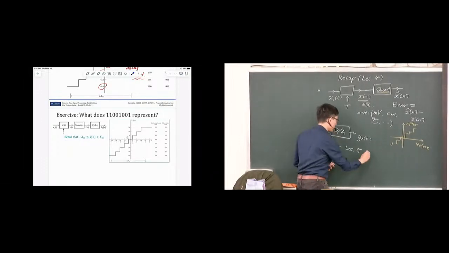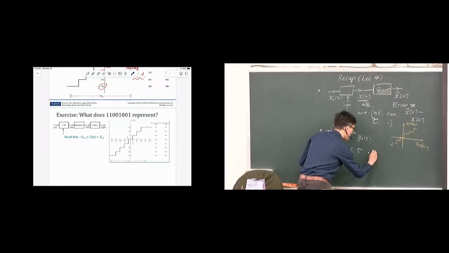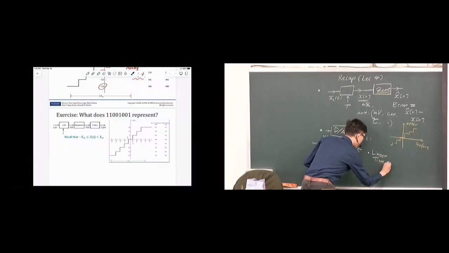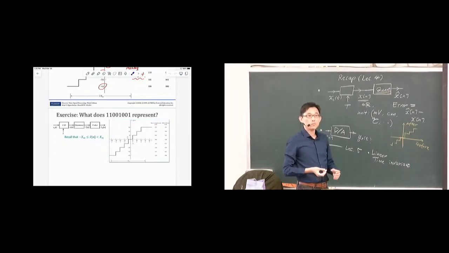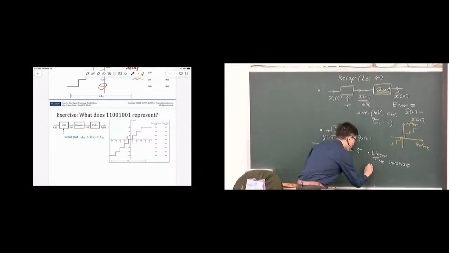In this next lecture, we will talk about linear and time invariant systems, and we will explain that such systems, at least for discrete time, can be described completely by an impulse response. All you need to know is the impulse response.